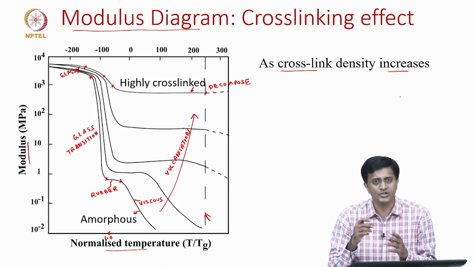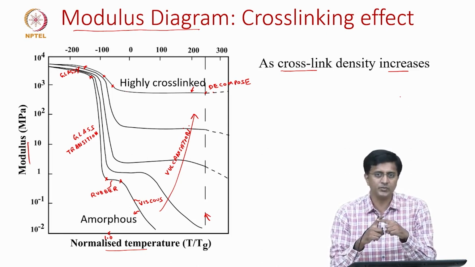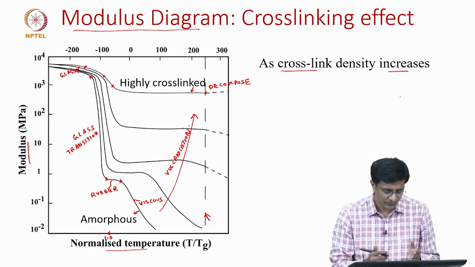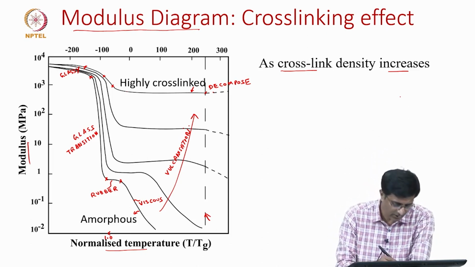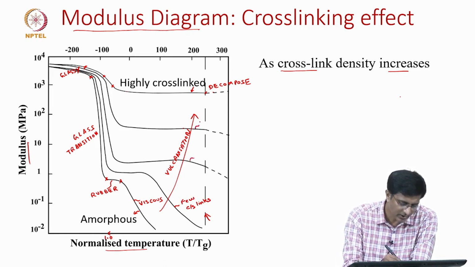So, during vulcanization, what is the sulfur doing? The sulfur is trying to create these cross links between these polymer chains. So, here we gradually see these are few cross links, and moderate, and let us say these are high cross links.